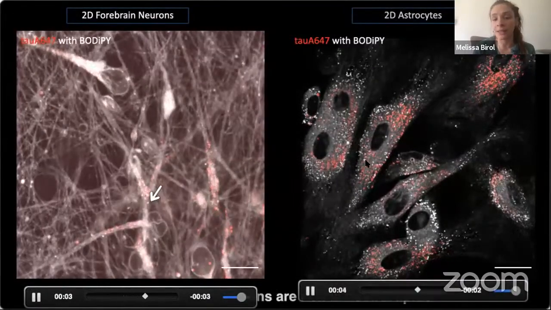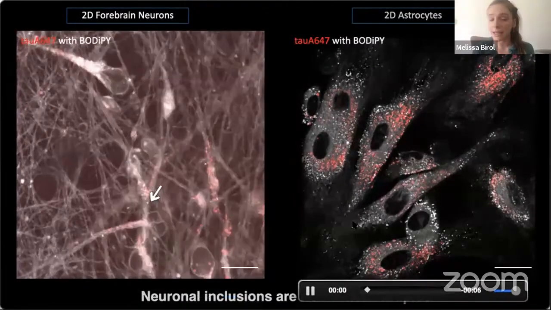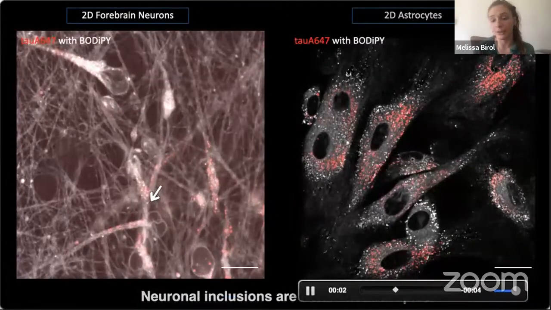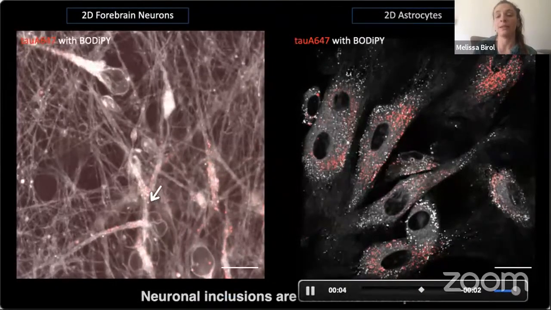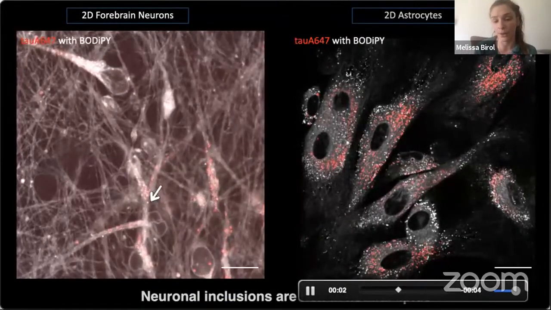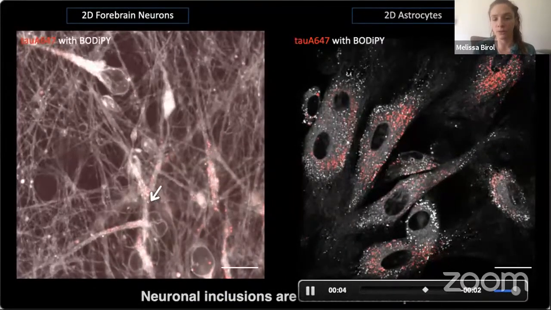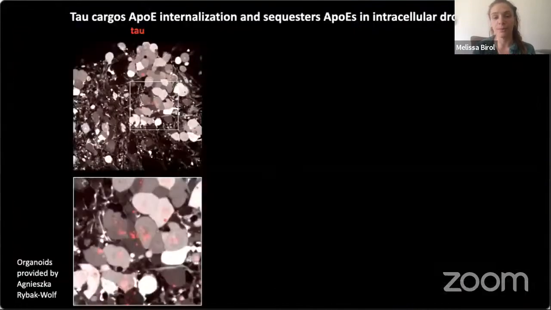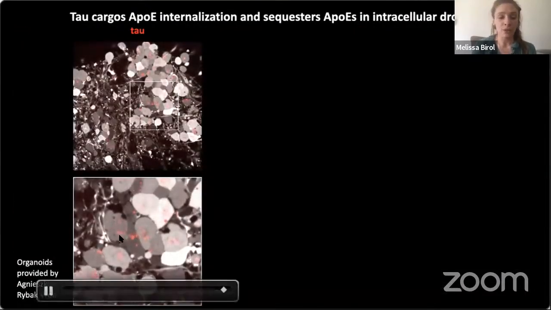Whereas in astrocytes, this is not the case. We don't see the dynamics and we don't see the lipid components. So we really think that tau and lipid dynamics is very important for the nature of tau in neurons.